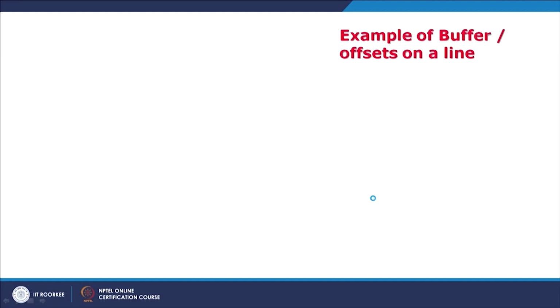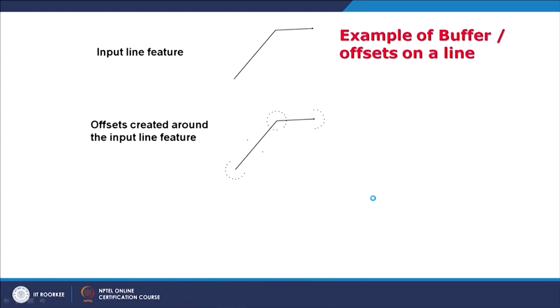So, buffer has got a lot of applications, and this is basically expansion, also sometimes called offset of a line. Here is an example of how a buffer is created along a line or polyline, as I was mentioning in the previous slide: a circle is drawn here because this is the end.